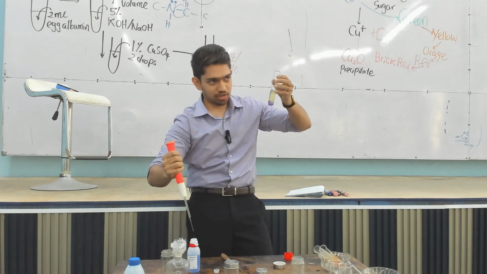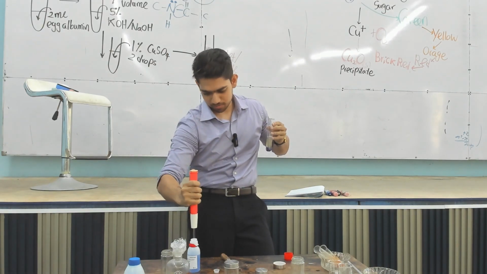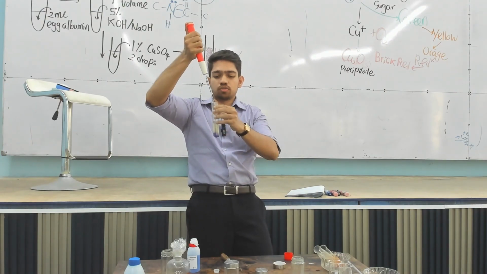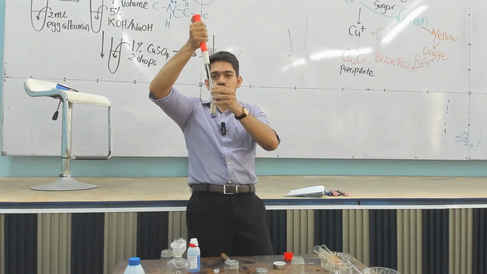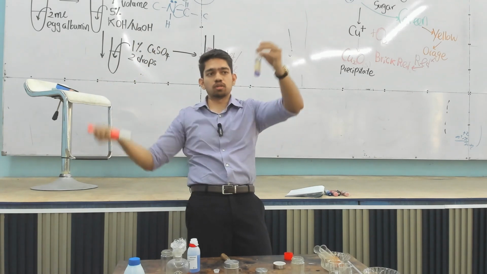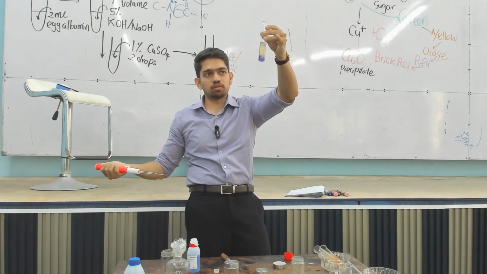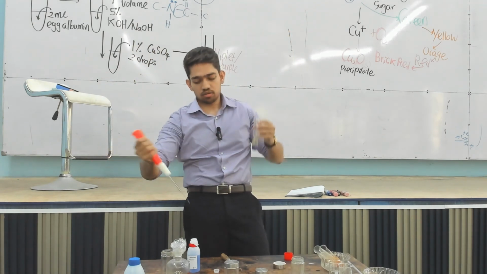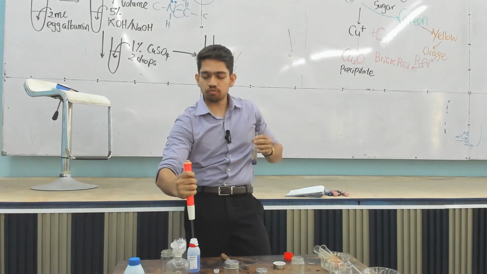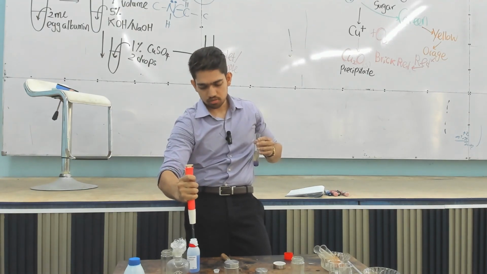Some of the yolk has also come because I'm not that experienced, but you can see the water-soluble protein is at the bottom. It's already very purple colored, so that indicates the presence of proteins.